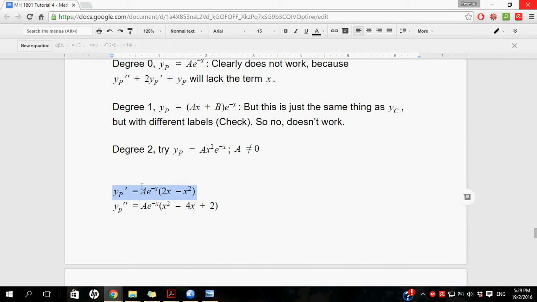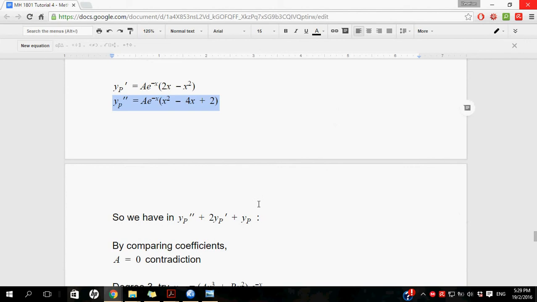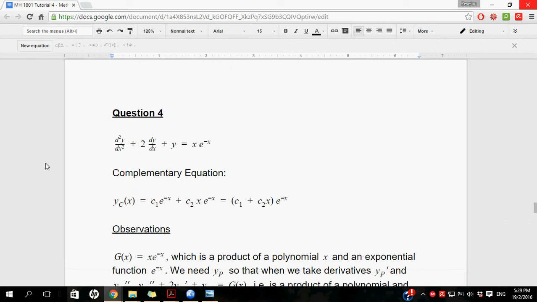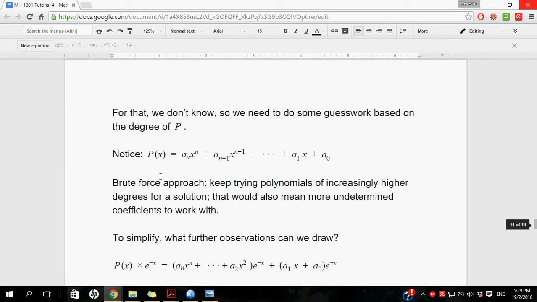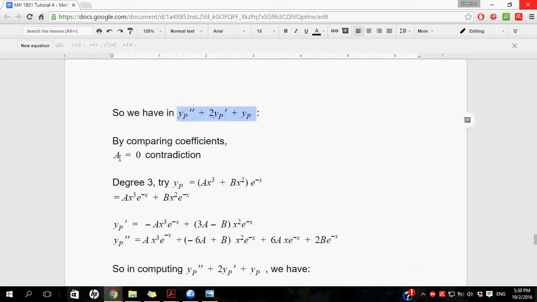So we compute the derivatives. This will be yp prime, and the second order derivative yp double prime. We plug these back into our original differential equation, so we would like to compute the left hand side. Now when we substitute into the original equation, what we find out is that we would have to get a equal to 0.